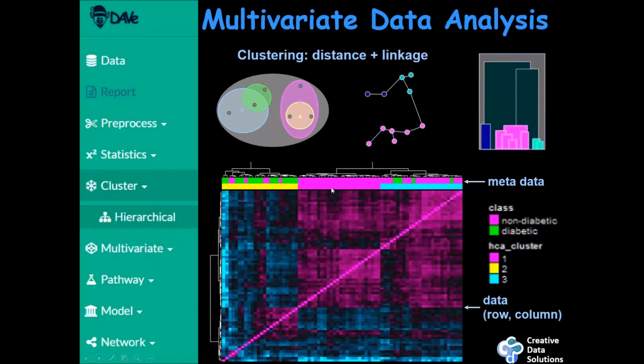Here's one group that's all non-diabetics, a very strong signal of what non-diabetics look like in your data. Looking at the correlation matrix, they're highly correlated, and even within here there's another subset that are the most similar to each other, a very strong non-diabetic signal. We can include that kind of information, for example, if we're looking at drug response.